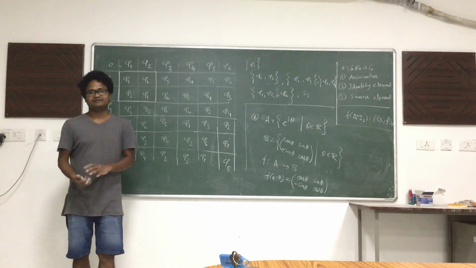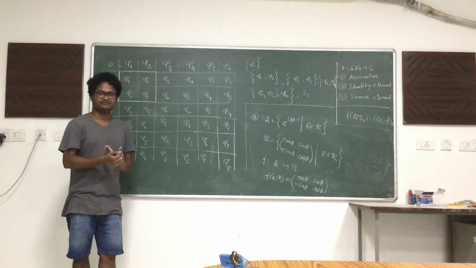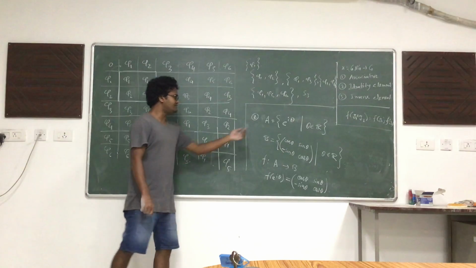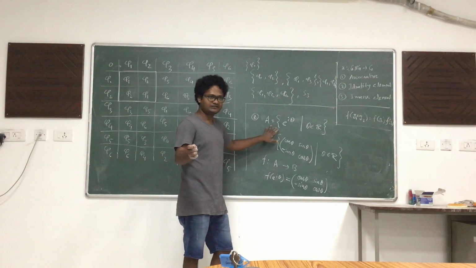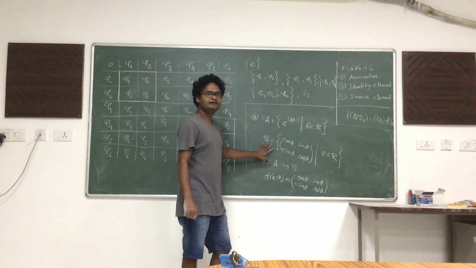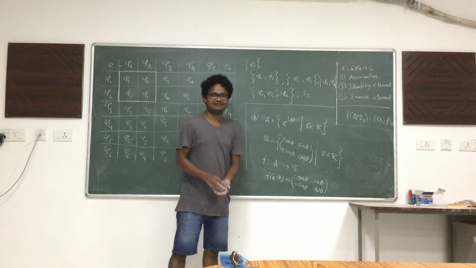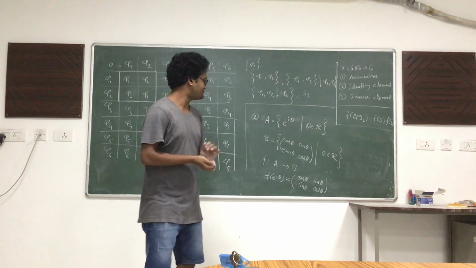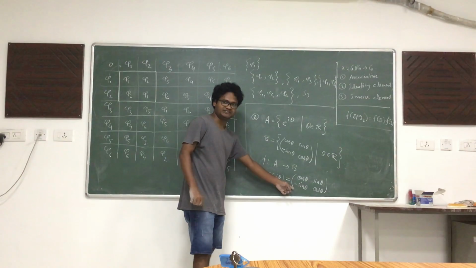These are two groups. This is under ordinary complex multiplication. This is under ordinary matrix multiplication. This is very easy to check, right? But this is the rule I am specifying.